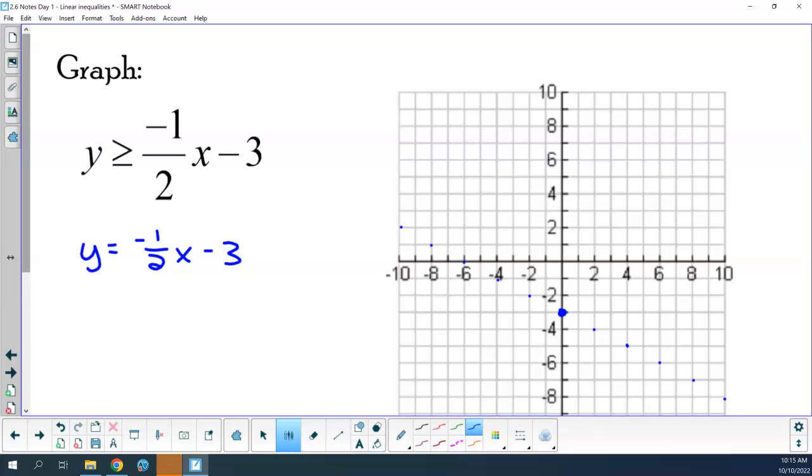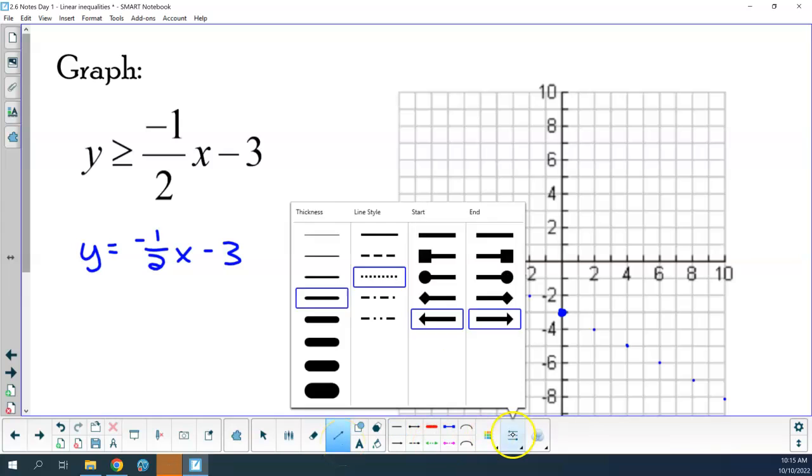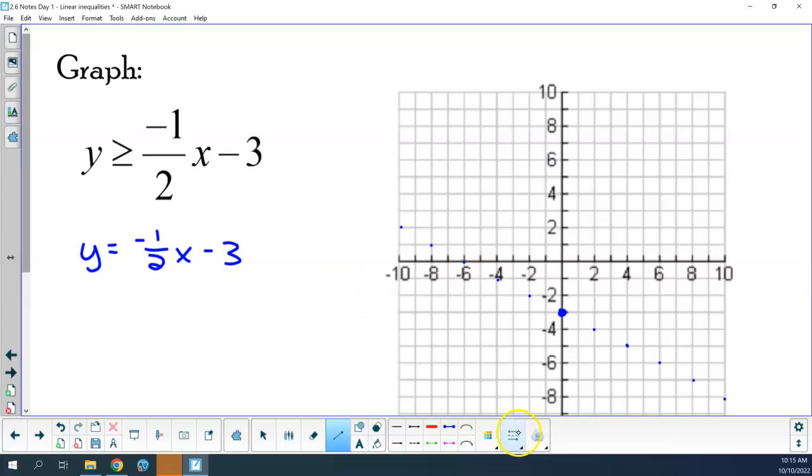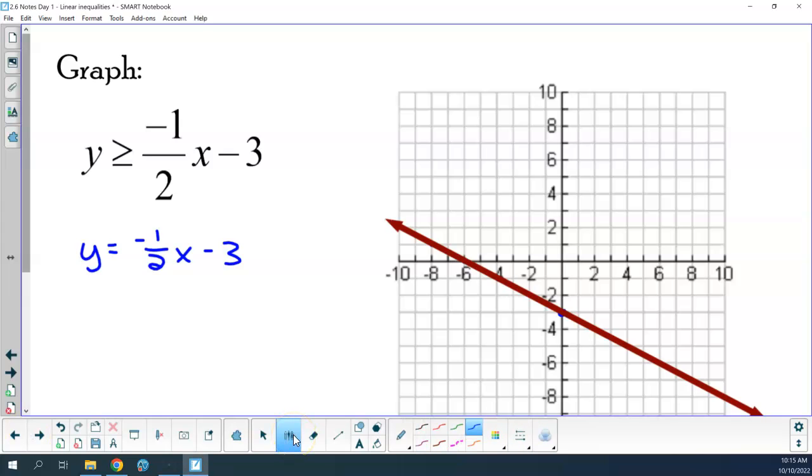Style of line, solid or dashed? Solid, because it's the equals component. Did I go through the origin?